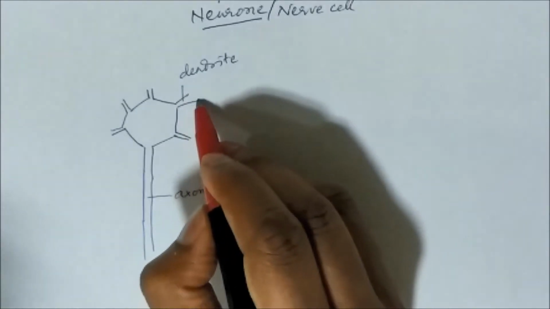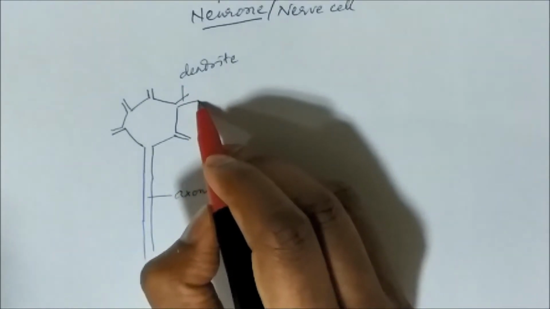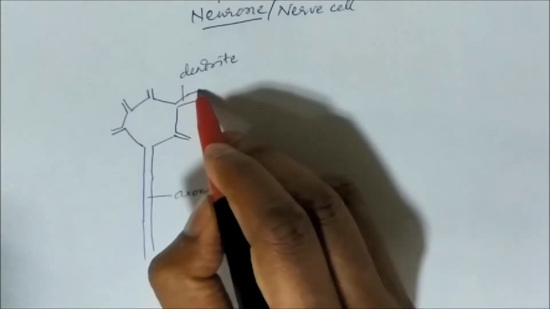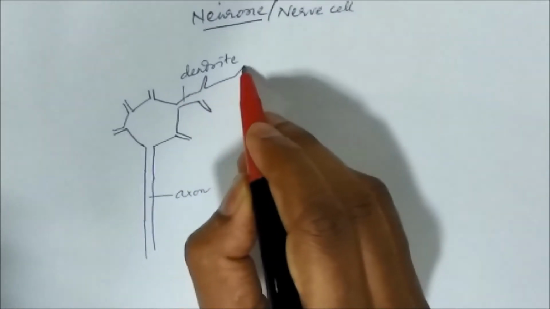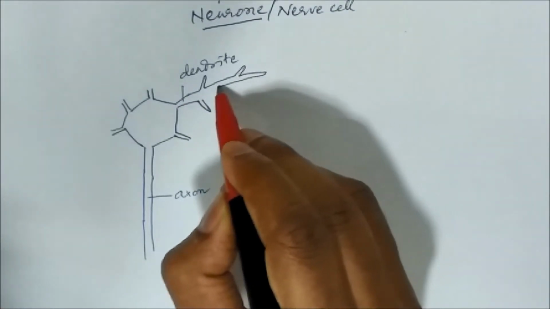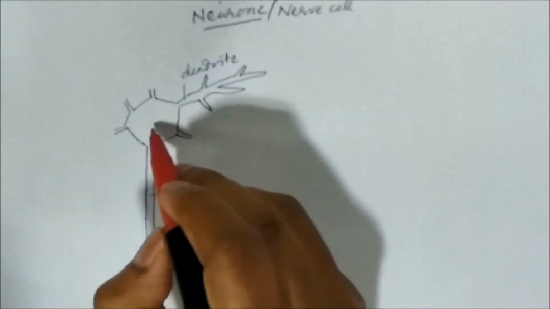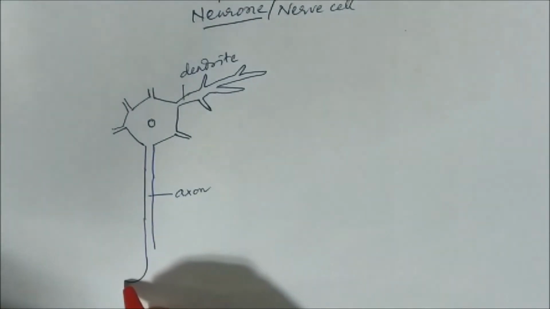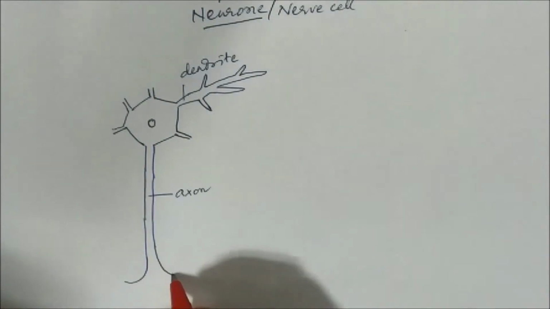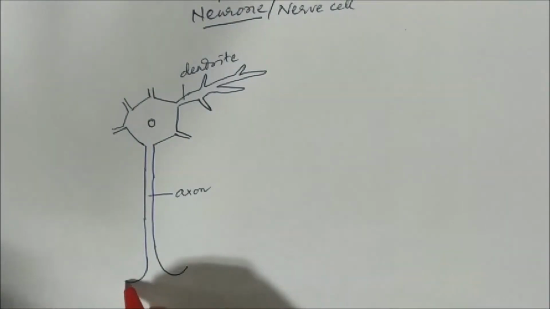The dendrites are also subdivided into different branches, and the cell body has a nucleus, and this axon has the axon terminals, okay?